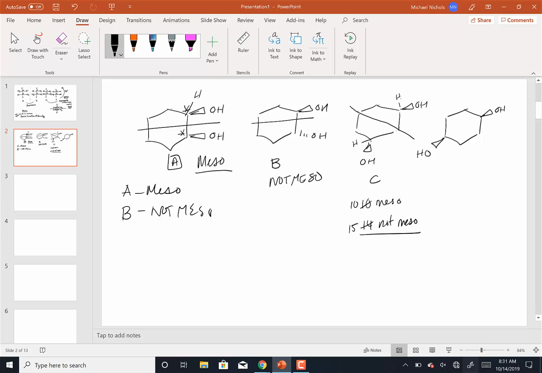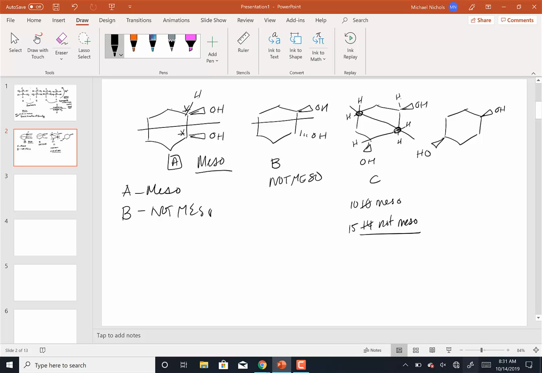Now, which 2 carbons is the mirror plane passing through? It is passing through these 2. So anytime the mirror plane passes through a carbon, it is not chiral. But what about these 2 carbons right here? Are they chiral? Were they chiral before I passed a mirror plane through them? No, because they already had 2 CH2s.